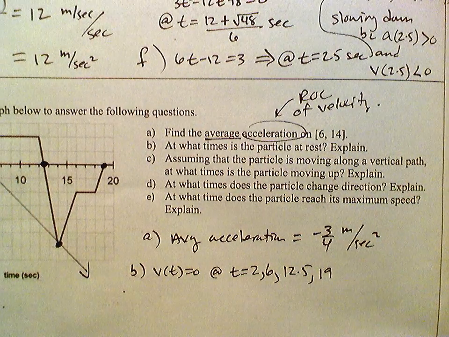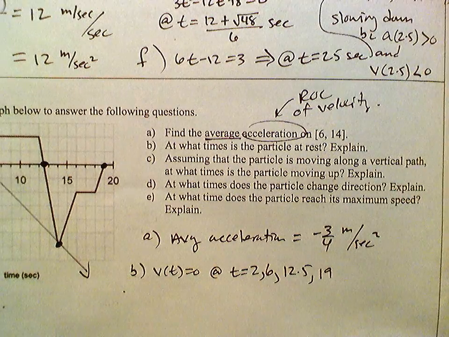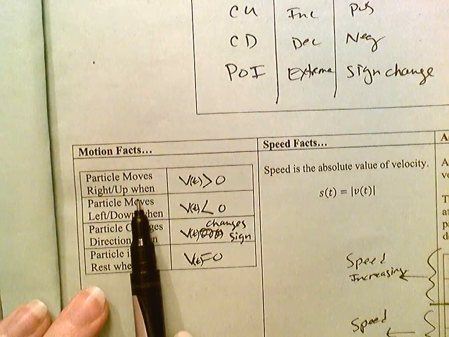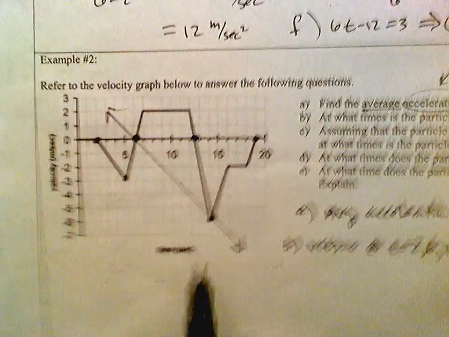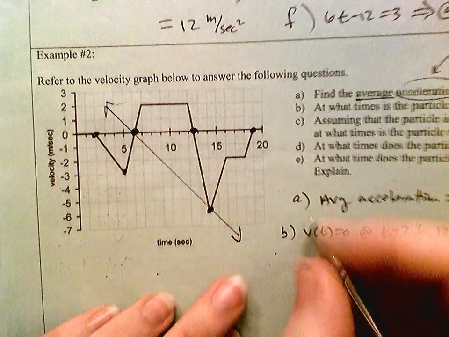Okay, C. Assuming that the particle is moving along a vertical path, at what time or times is the particle moving up? The particle is going to be moving in a positive direction, right or up, when velocity is greater than 0. We are looking at the velocity graph. The graph is greater than 0 when it's above the x-axis.